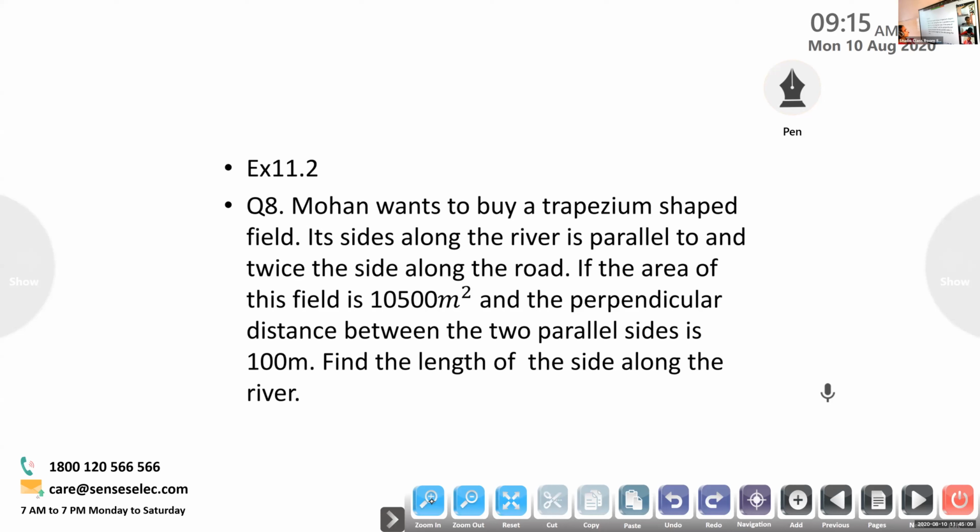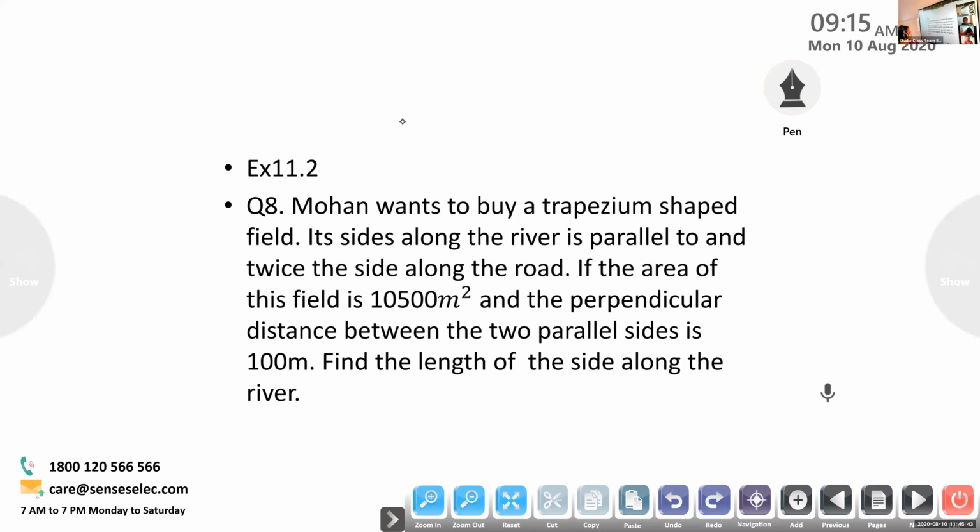Mohan wants to buy a trapezium shaped field. Its side along the river is parallel to and twice the side along the road. So that field is situated nearby a river and a road.